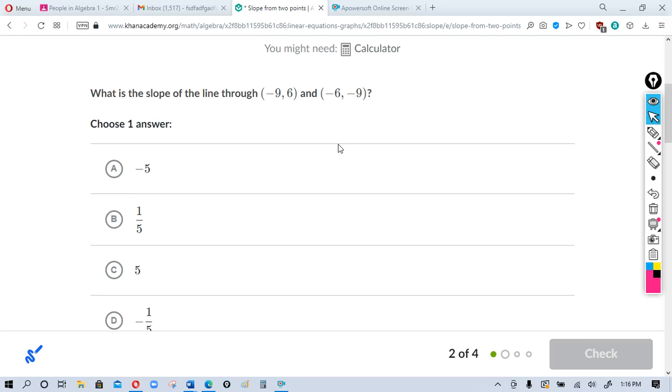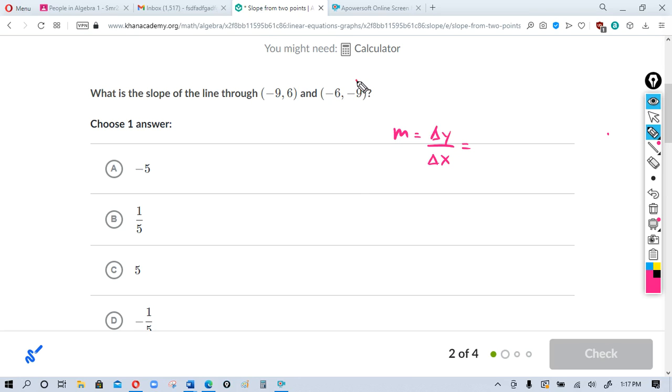All right, so they want the slope between these 2 points. For the slope m, we just do change in y over change in x. Okay, you can subtract going either direction, but you have to do it the same way both times.